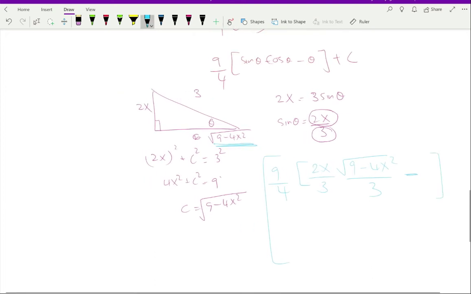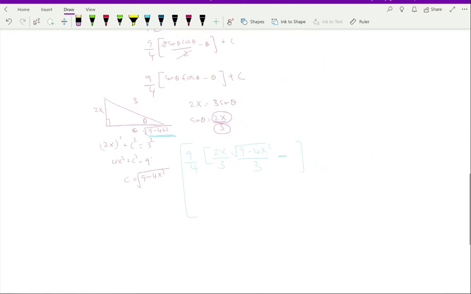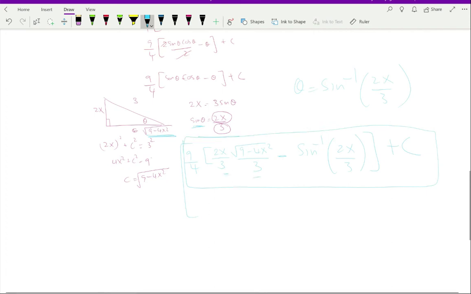Whenever you have an isolated theta, what you do is you take the inverse. So theta is going to be sine inverse of 2x over 3, from here. So it's sine inverse of 2x over 3, plus c. I would let you simplify this a little bit. You can multiply this 3 and 3 and get 9. I'm a little bit lazy, trying to save some minutes in this video.